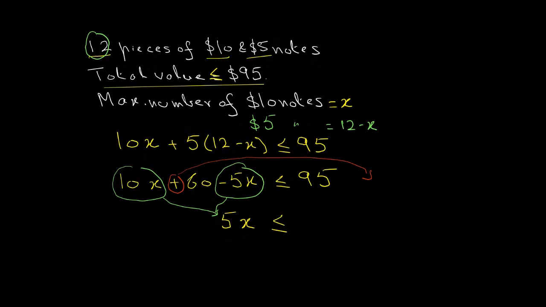So this will be just 95 minus 60, and 95 minus 60 is 35.